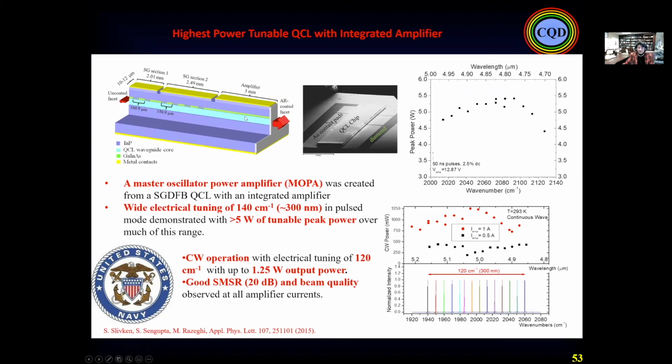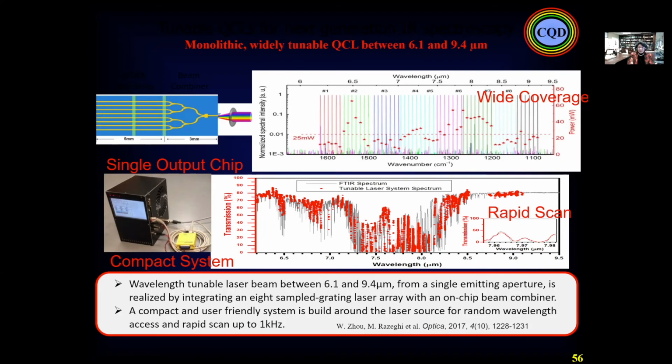And for that, we demonstrated a wide electrical tuning of 300 nanometer in pulse with more than 5 watts of peak power over much of the 300 nanometer, but we also did continuous wave with electrical tuning of 120 centimeter wide with 1.25 watt output power in continuous wave with a good side mode suppression ratio of 20 dB and the beam quality observed in all amplifier currents. That's the result that you can see.